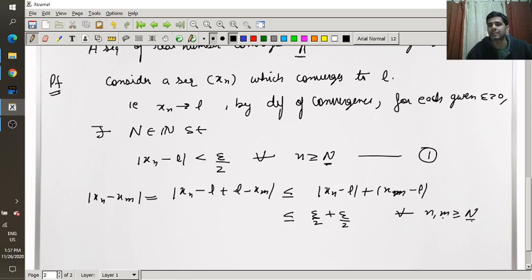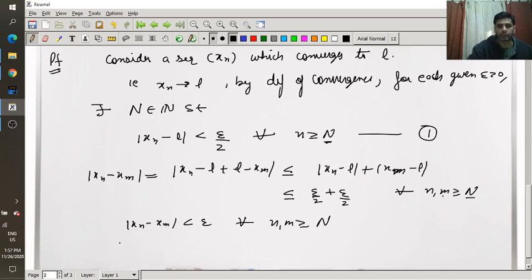When m is greater than or equal to N. So I have written here n, m greater than or equal to N. So |xn minus xm| is less than epsilon for all n, m greater than or equal to capital N, right? So this implies, इसका मतलब क्या हुआ? This implies xn is a Cauchy sequence. हमें एक ऐसी स्टेज मिल गई जिसके बाद वाली टर्म का डिफरेंस less than epsilon है. So this was an easy proof.